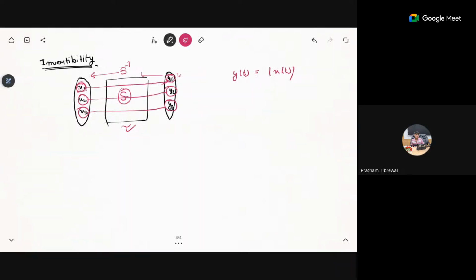Yes, it's invertible. Okay, are you sure? Anybody else with a different answer? Somebody has a feeling it's non-invertible?